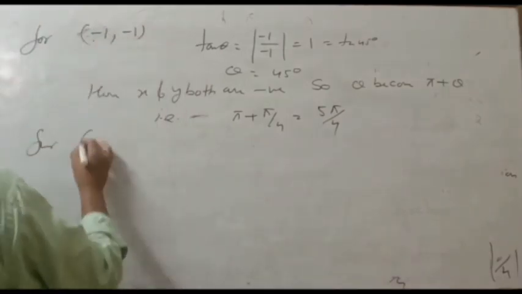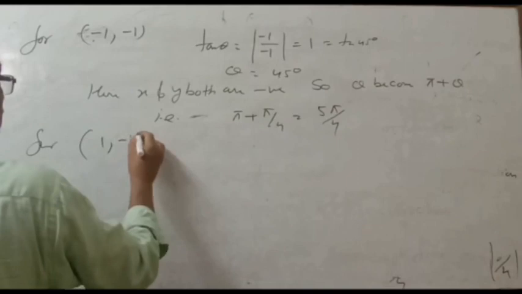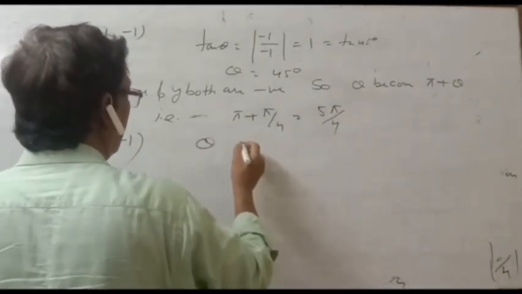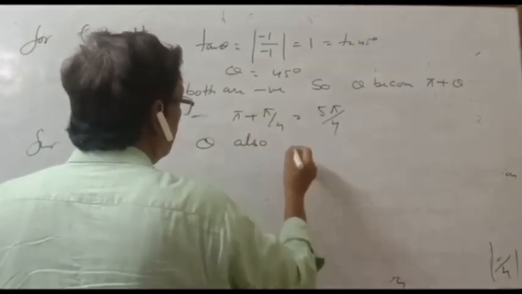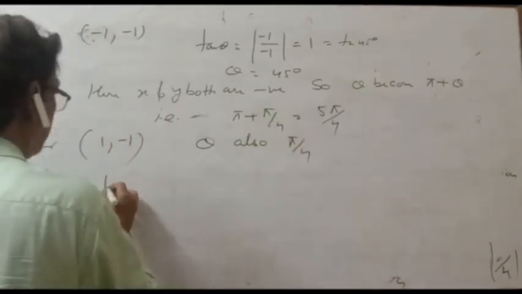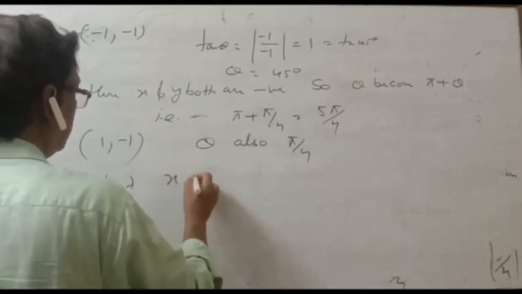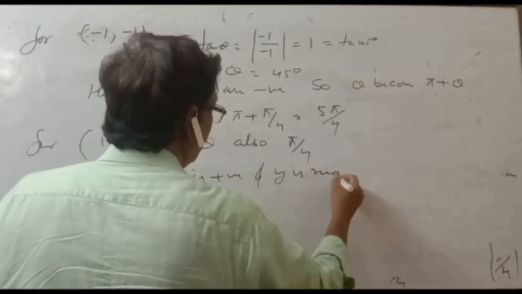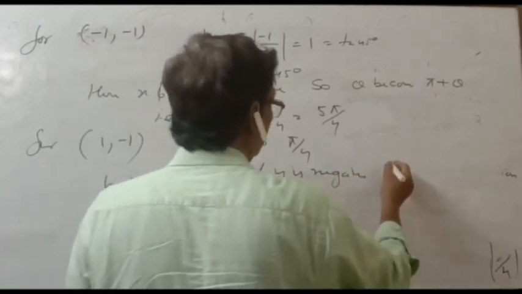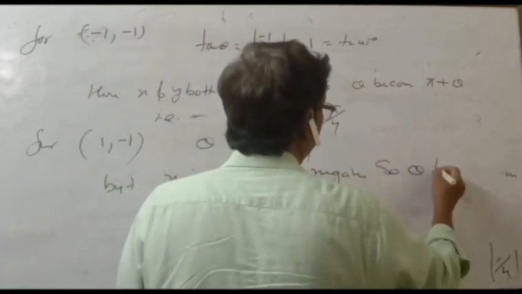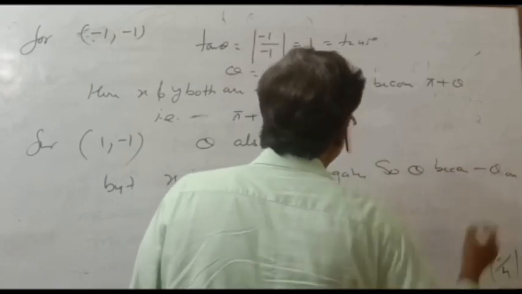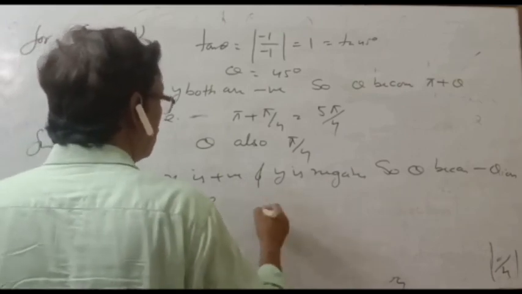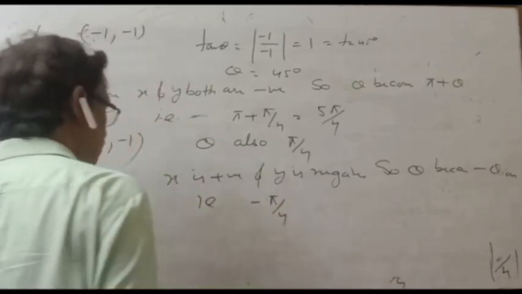For (1, minus 1), theta is also pi by 4, but x is positive and y is negative, so theta becomes minus theta, that is minus pi by 4.